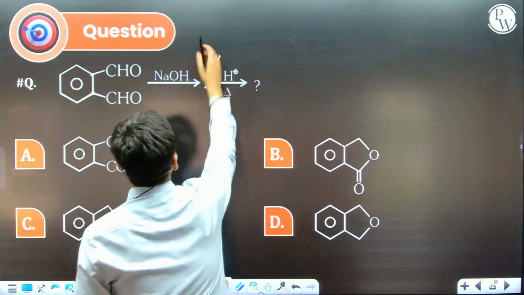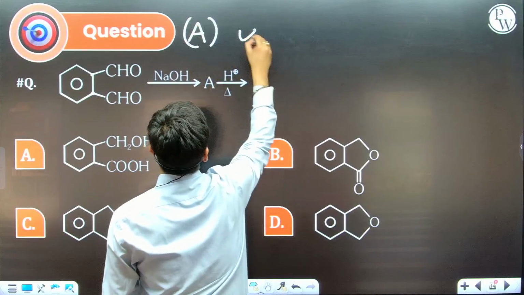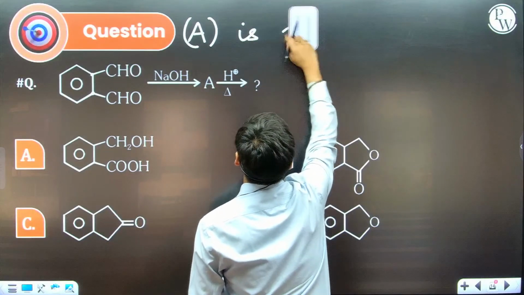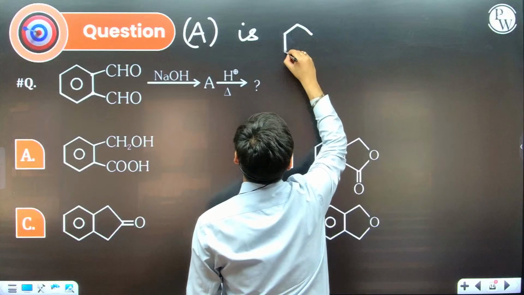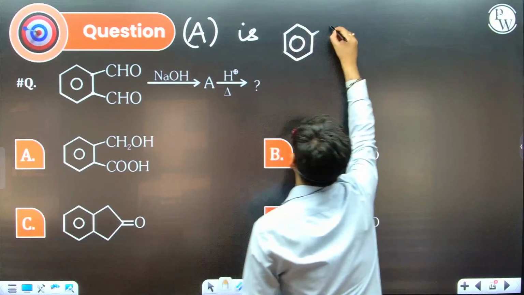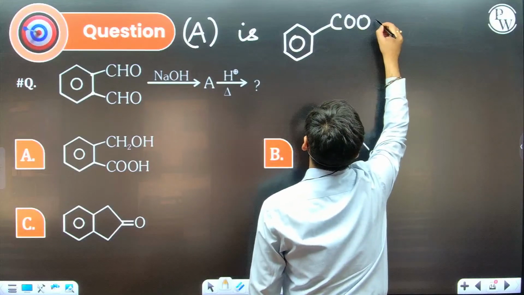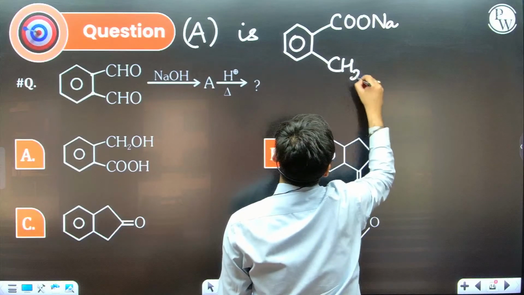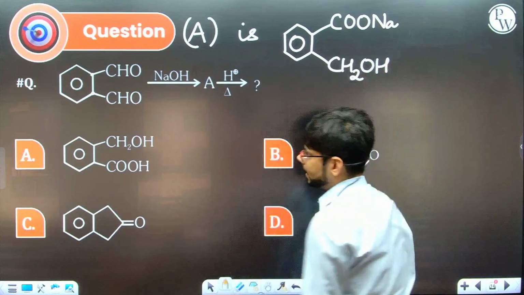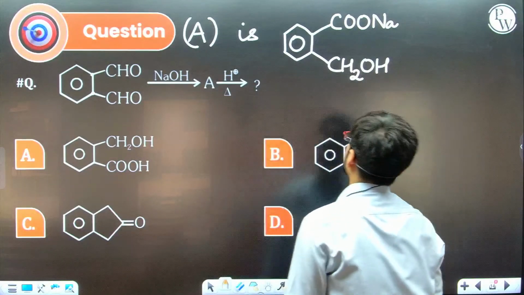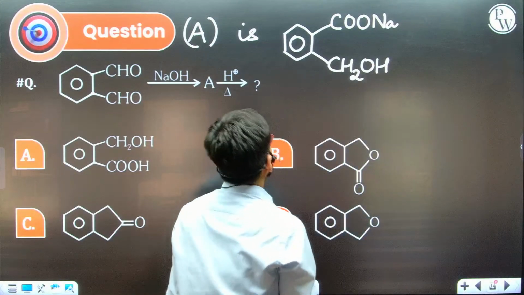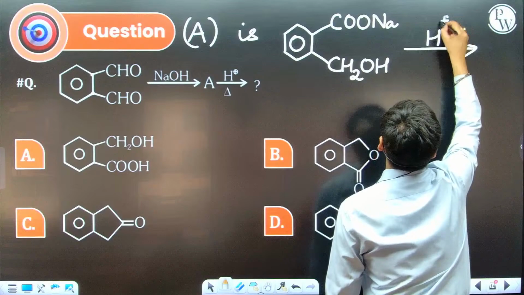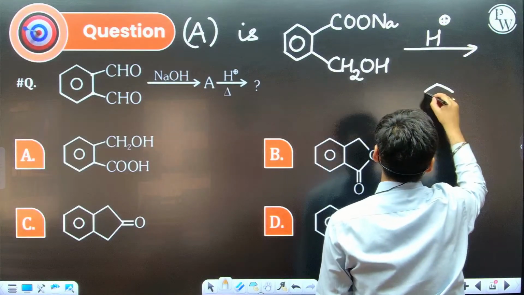So A will be this one, right? So this is A. Cannizzaro reaction has taken place. The next, after this, if I add a few drops of H plus, then I'll get this.